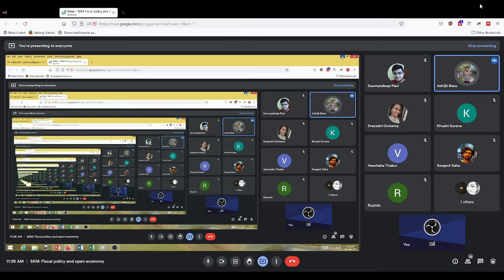But what will happen to value? Can you tell me what will happen to value? Px into Qx. Px has gone up, Qx has fallen. What will be the product?